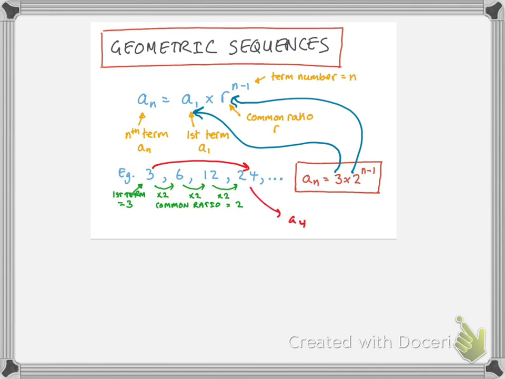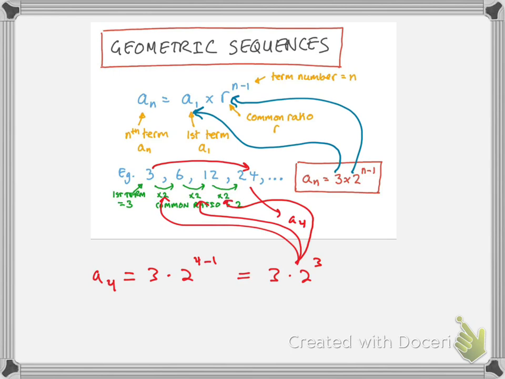The way I get that is I take A4, would be using the formula 3 times 2, and then since n is 4, it'd be the 4 minus 1 power. So this is 3 times 2 to the third, which makes sense because I am multiplying 3 by 3 different 2's. That's why it's 2 to the third.